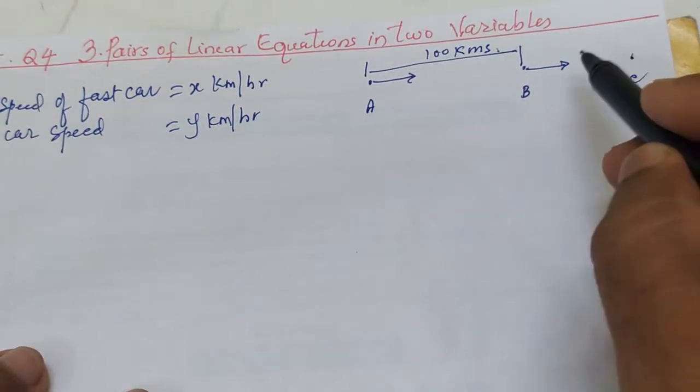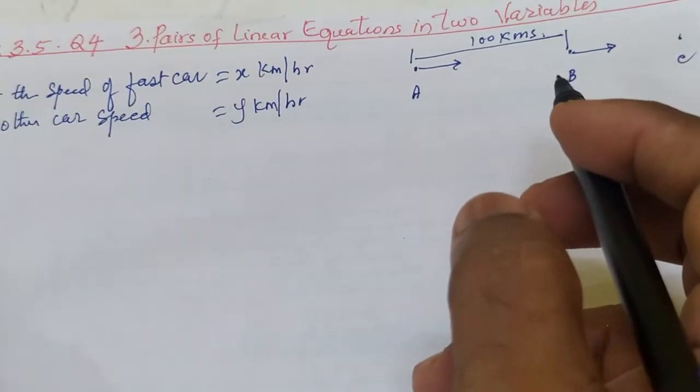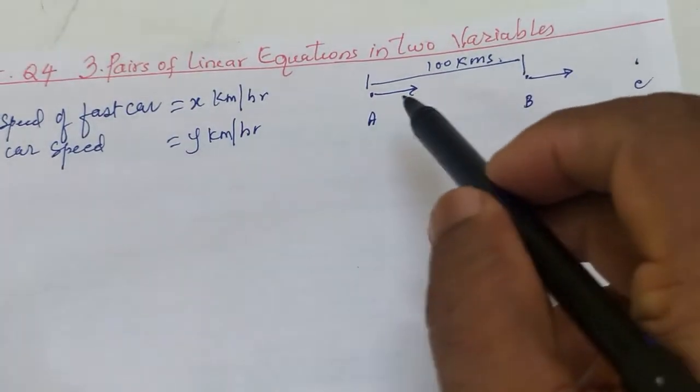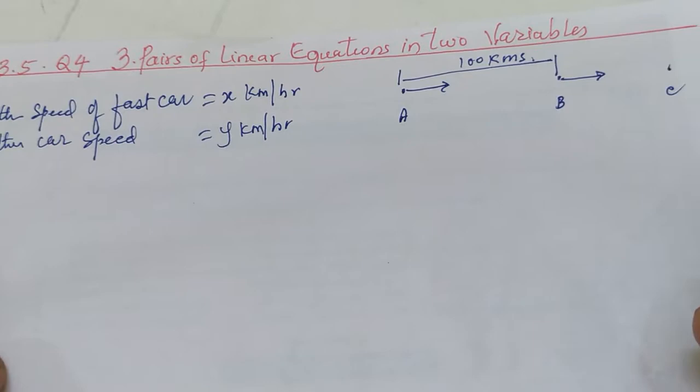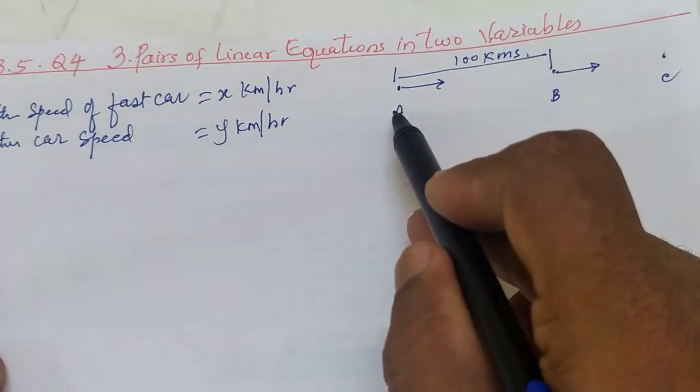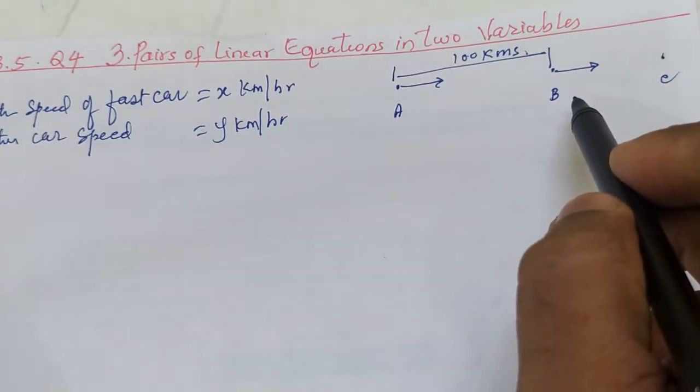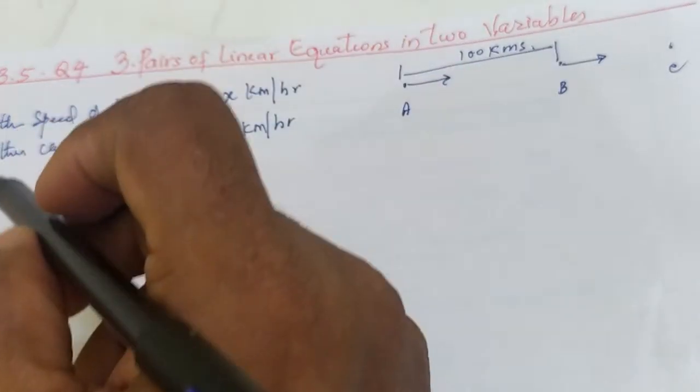So the distance both of them will be traveling. What happens is, when they are traveling in the same direction, we have to find out the relative speed, meaning the speed of this car with respect to this car. So that is called a relative speed.